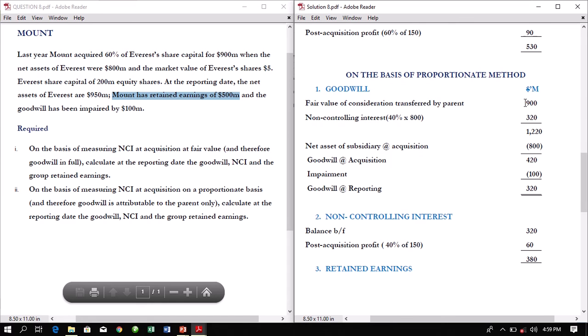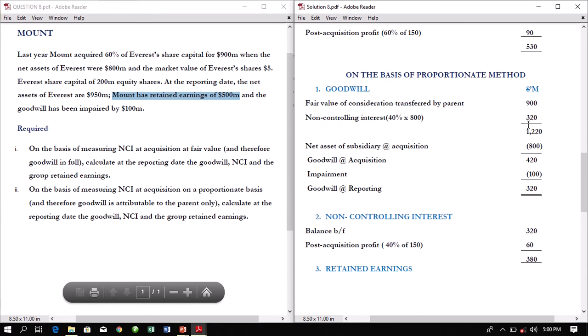Let me remind you again, if you are using proportionate method, you multiply the percentage holding by the non-controlling interest multiplied by the net asset of subsidiary at the date of acquisition, not at the date of reporting, at the date of acquisition. And our net asset at the date of acquisition is 800 multiplied by 40% gives the value of NCI to be 320.